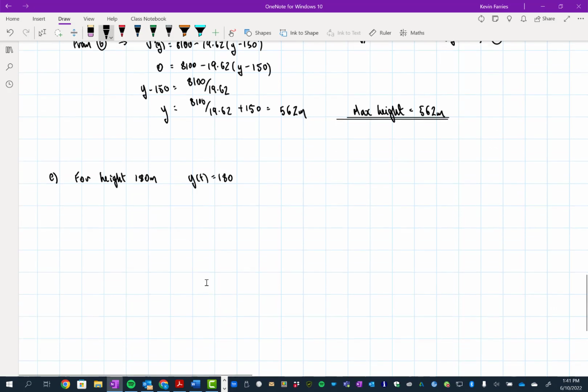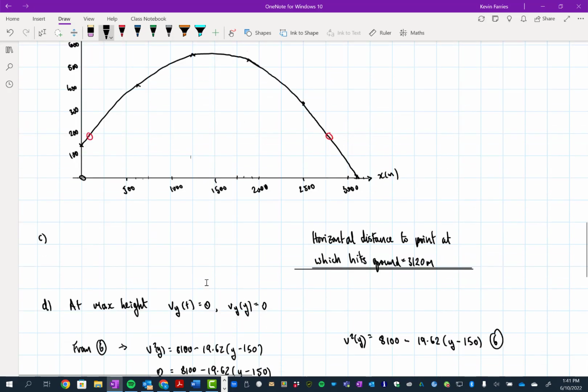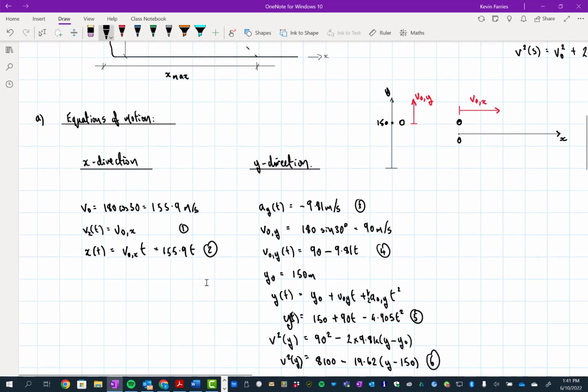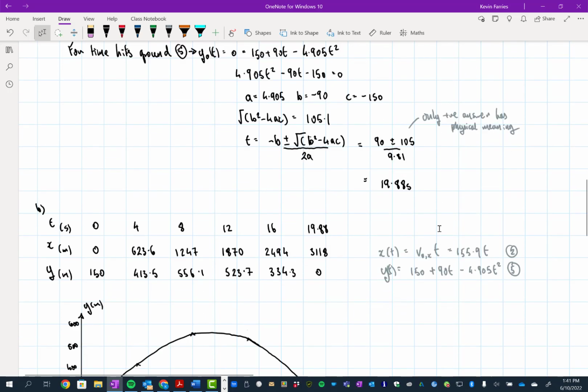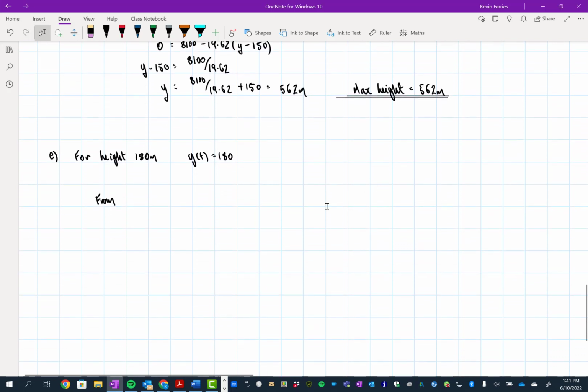So we're going to use another equation. Let's have a look at which equation we're using. This one, y of t, so it's equation 5 here. So let's grab that, bring it down just so I can see it.